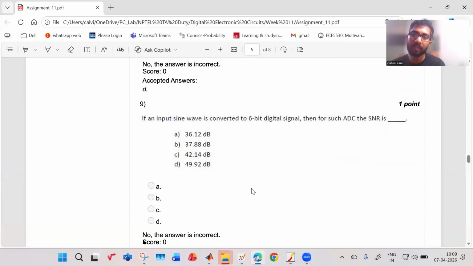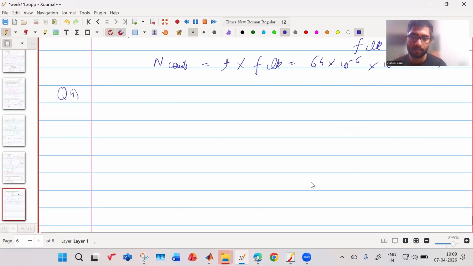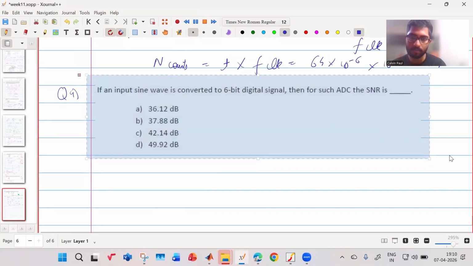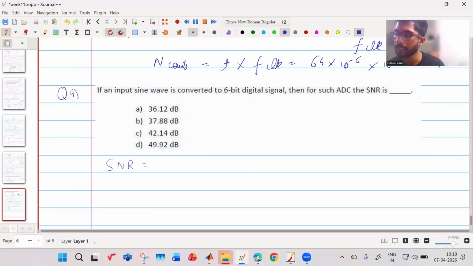So an input sine wave is converted to a 6-bit digital signal. What is the SNR in that case? SNR is 6.02 n plus 1.68 or something. So 6.02 into 6 plus 1.68.